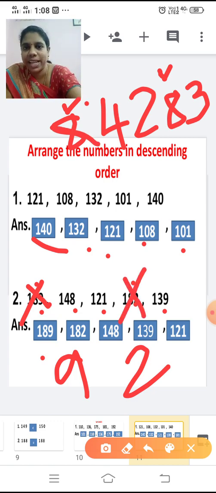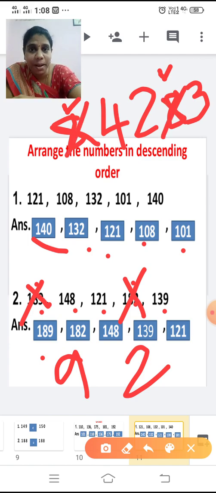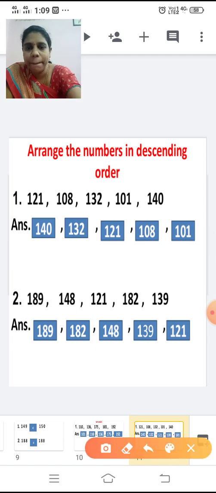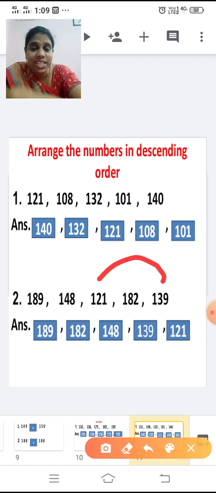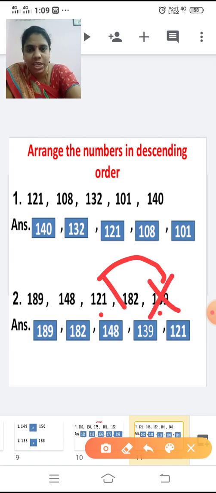So these both are cancelled now. Next, which is bigger? 4. So 148. Then out of these two, 3 is bigger, right? 3 in the tens place, 2 in the tens place. So 3 is bigger. So write 139 and at last 121.